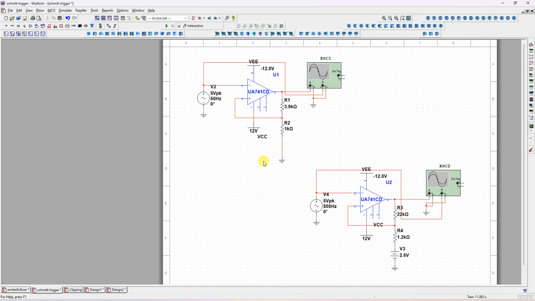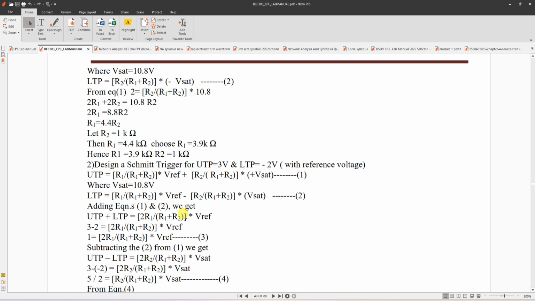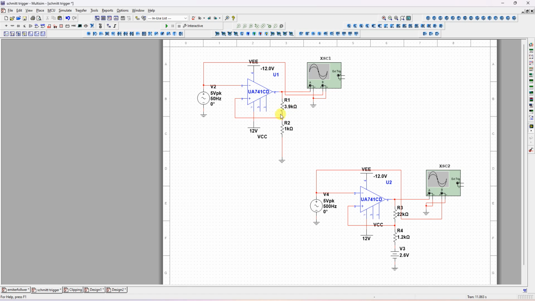Okay, so the design for UTP and LTP: we have R1 and R2 as 3.9K and 1K. 3.9K and 1K is used to have the hysteresis curve with output changes at minus 2 and plus 2 volts.